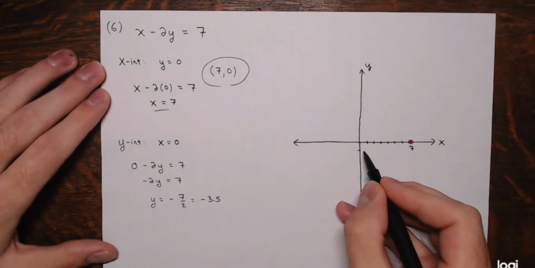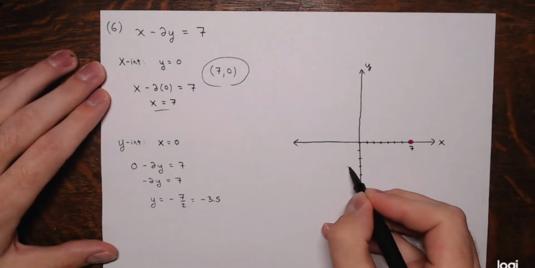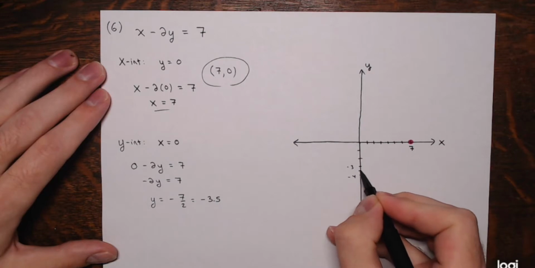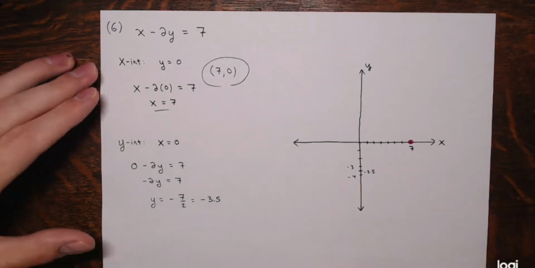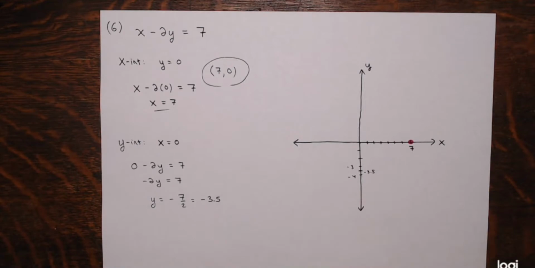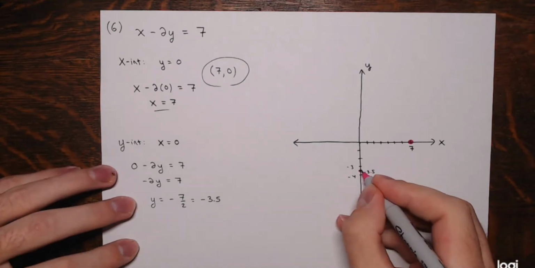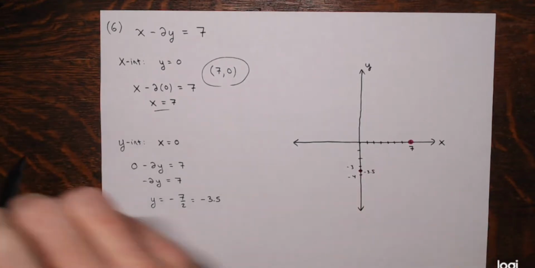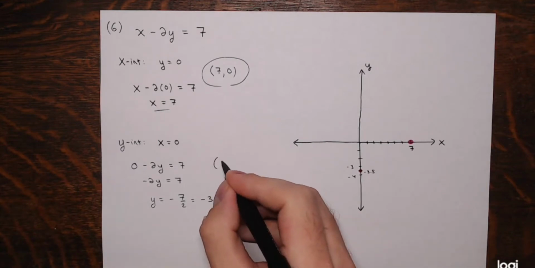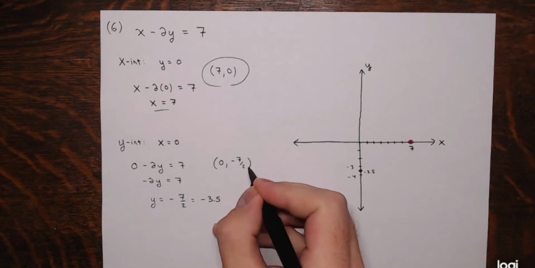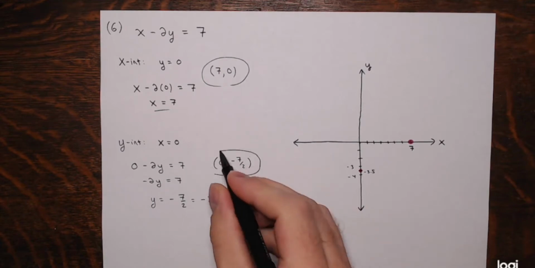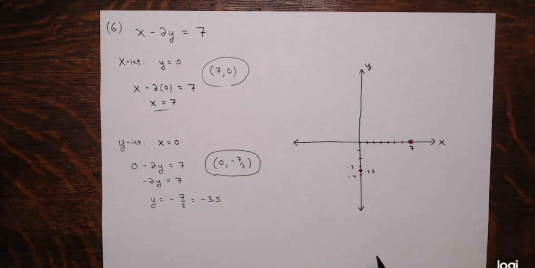So negative 1, 2, 3, 4, there's negative 3, there's negative 4, here's negative 3.5, right? Exactly halfway between negative 3 and negative 4 on the y-axis, and that's the y-intercept. Oh yeah, I forgot to put the point, sorry. The point would have an x-coordinate of 0 and a y-coordinate of negative 7 halves, right? And we'll circle it, right? That's one of the things they're having me find.